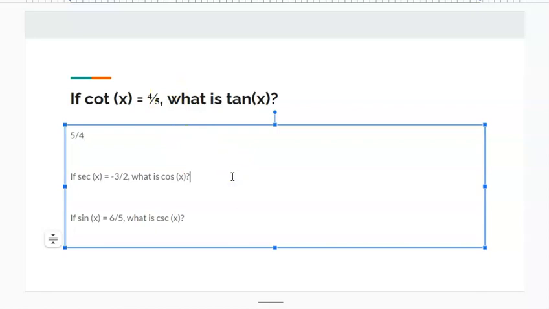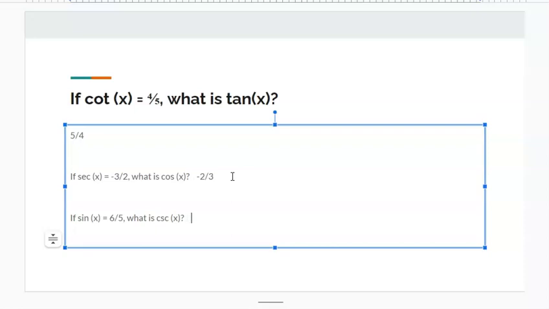So how about this? If secant x is -3/2, what is cosine x? Well, secant and cosine are reciprocals, therefore the answer to this would be -2/3. So that's the reciprocal of -3/2. Positive and negative values don't really change. And if sine x is 6/5, what is cosecant x?